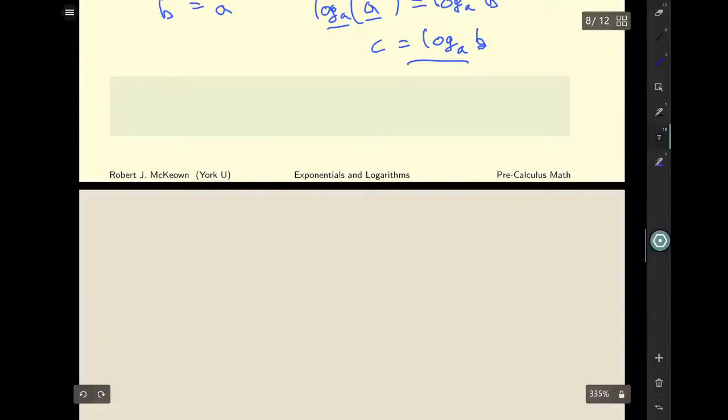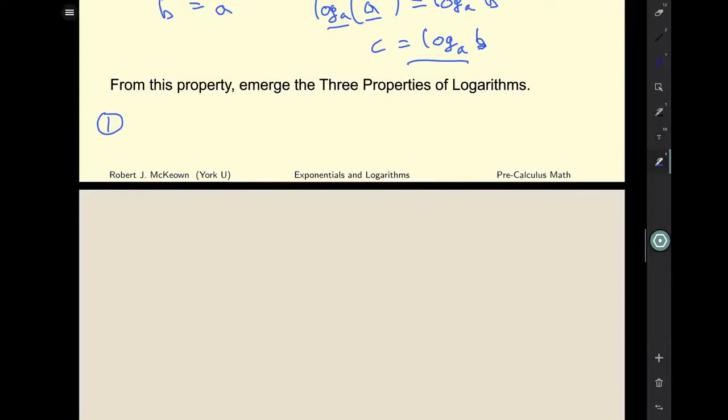Now, from this property emerge three more properties of logarithms. Rule 1.